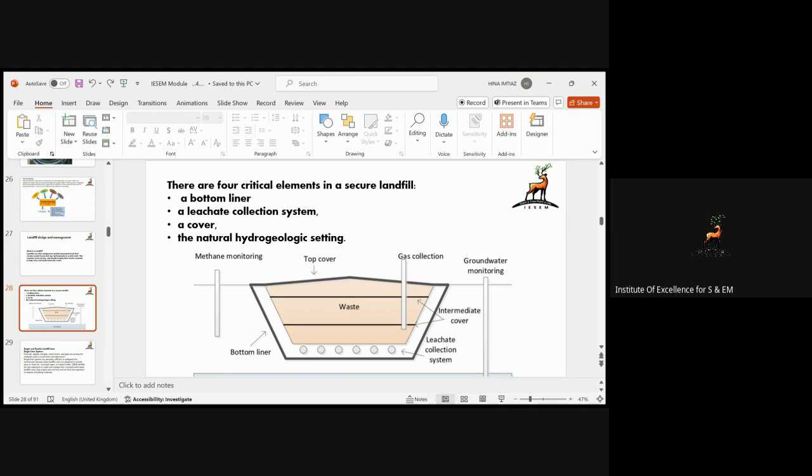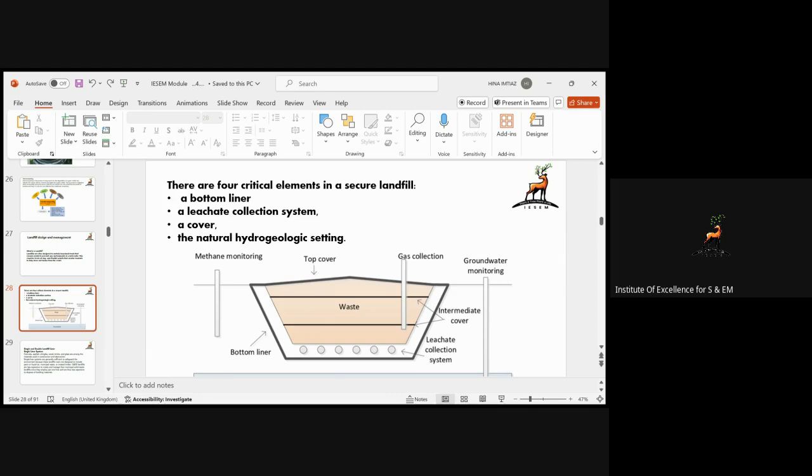So basically, there are four critical elements in a secure landfill. The first one is the bottom liner. The second one is the leachate collection system. The third is the cover. Cover means the capping of the landfill. And the fourth one is the natural hydrological settings.